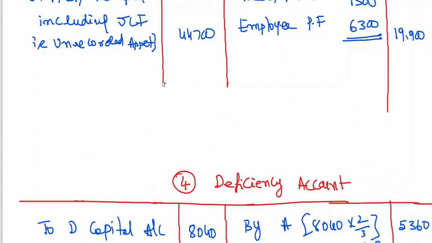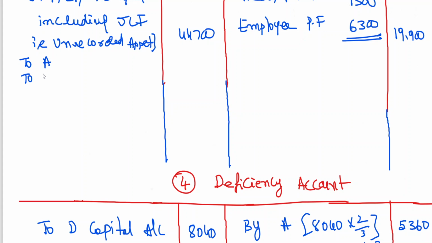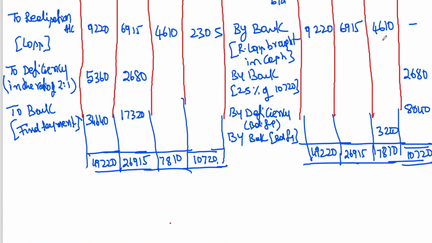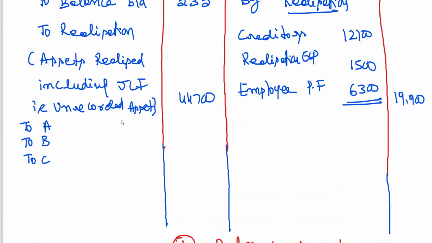Here we should write: to A, to B, to C. 9,220, 6,915, 4,610.